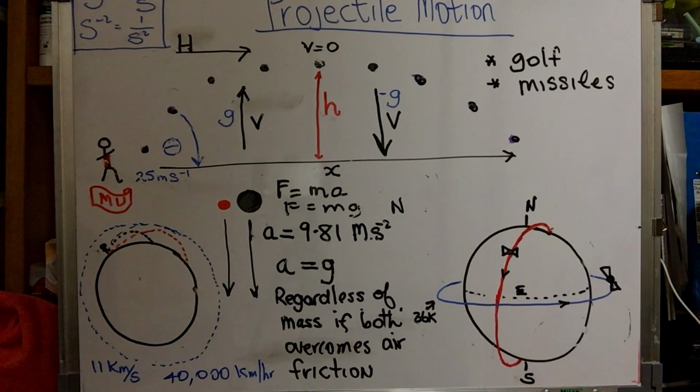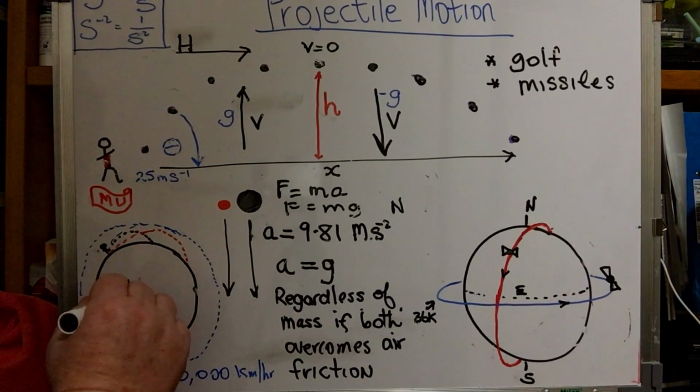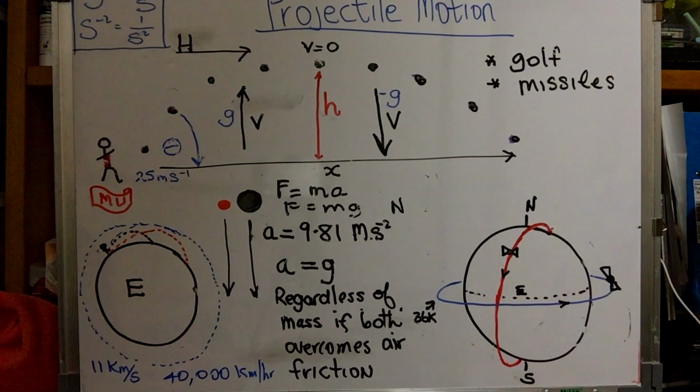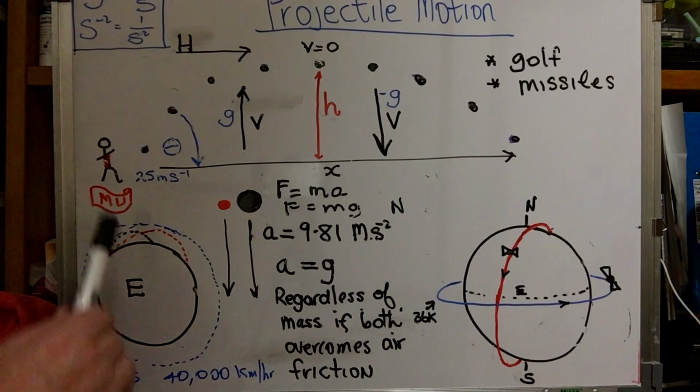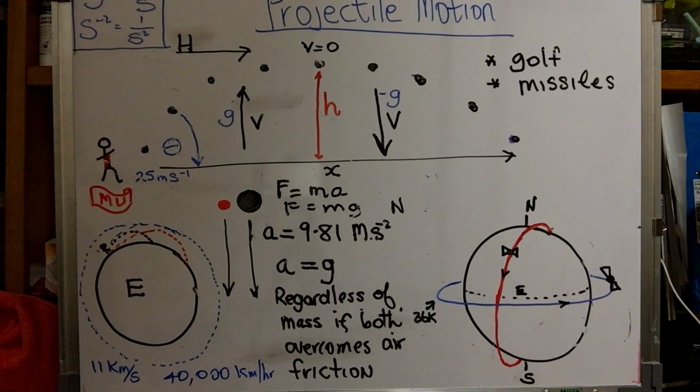Okay, what have we got over here? Over here, let's say this is Earth, and we've got our little friend from Manchester United, who can kick a ball pretty well, as most of those people from Manchester United can.